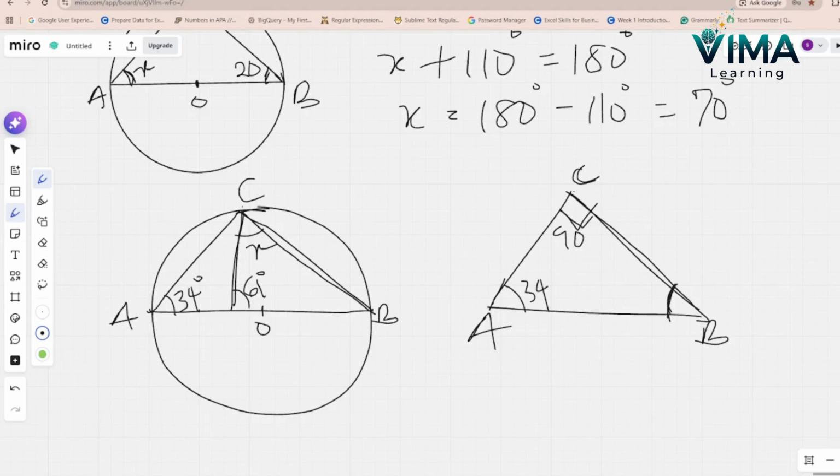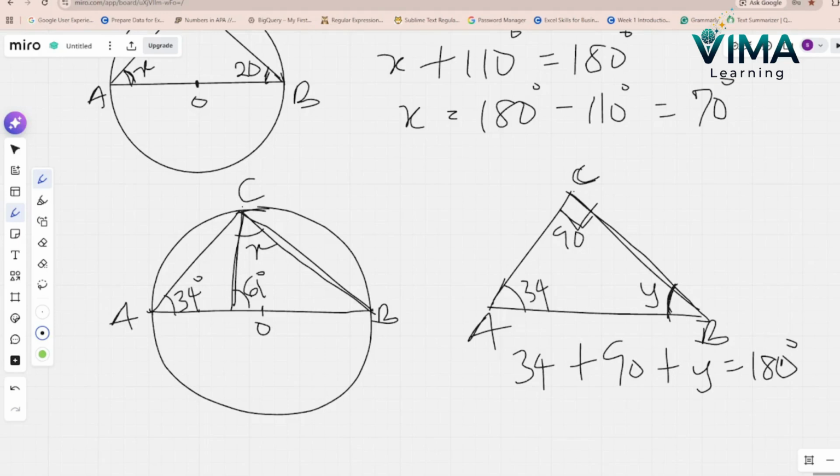So with that, we can always get what this side is. So what's that side? That side is going to be 34 plus 90 plus, let's assume that's y, because y is equal to 180 degrees.